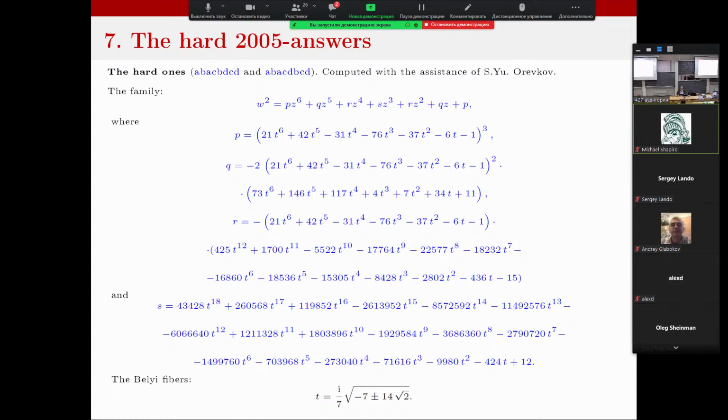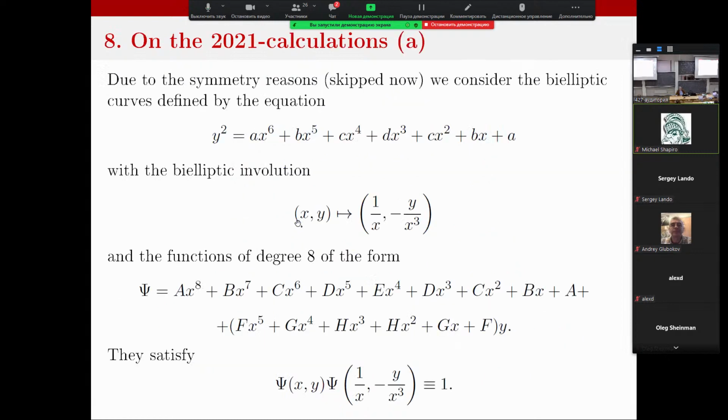The final step was parameterizing some rational algebraic curve, and this polynomial starting with 21t to the 6 was just one of the components. However, perhaps for the time being we should look at it just as a matter of the history of mathematics, because in the present calculations we move in a more systematic way than there.